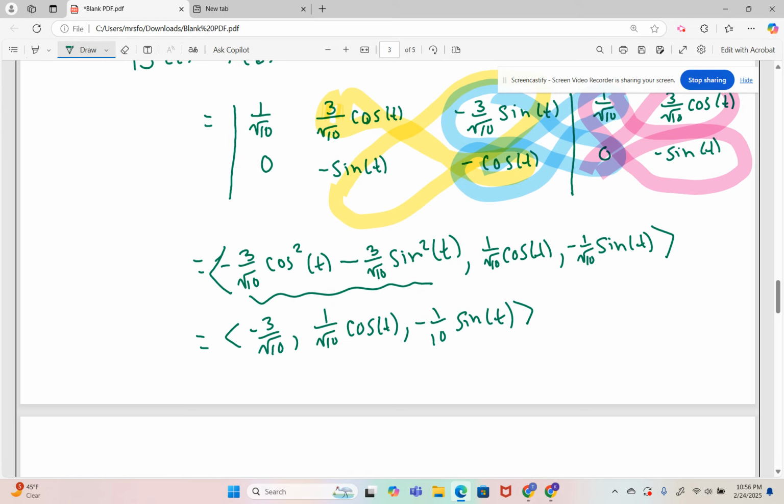So, with all of that being said, what we're going to be moving into is arc length with a vector function.